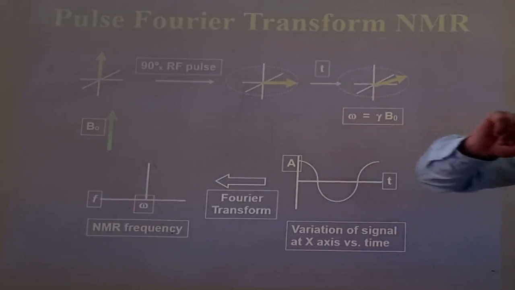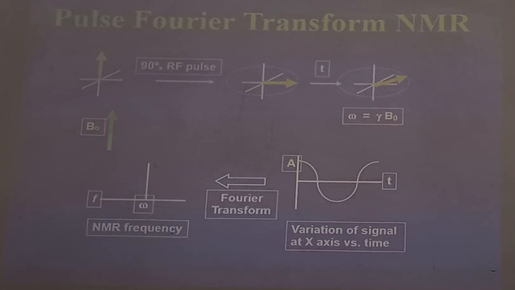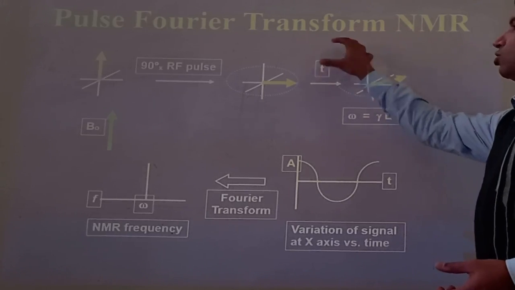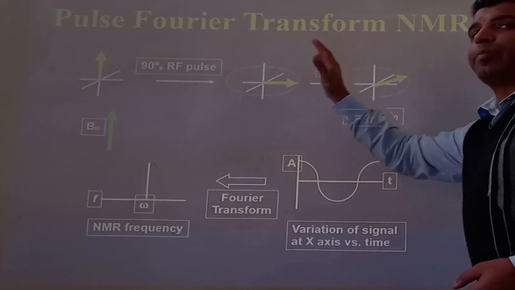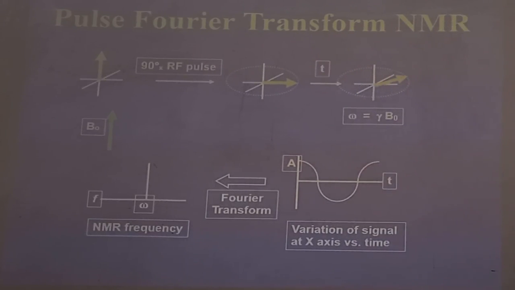It's not stable here. It wants to go back to its equilibrium position, that is the z-axis. So you allow it to relax back. You give it some time and allow it to go back to the z-axis. And you already know that we have a detector here.